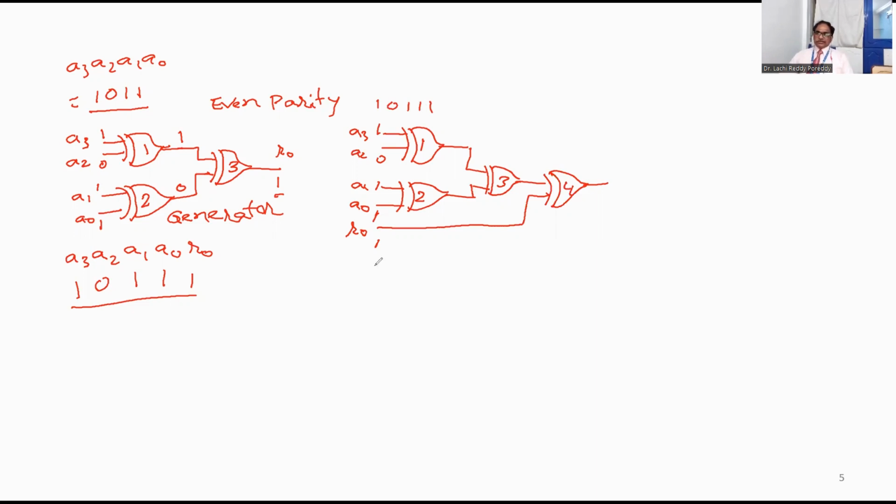Now we'll find out whether there is any error in whatever we receive. So the output is error. If this is 0, it means no error. If this value is 0, no error.